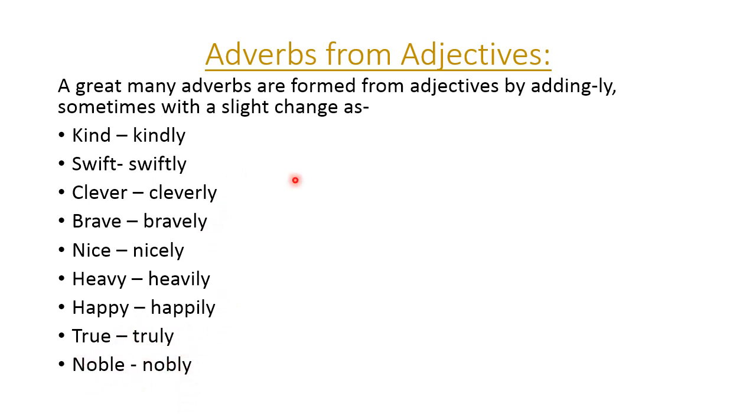So this is how we have done a slight change in the words, because the correct spelling is truly, so we have removed e. Noble, nobly. So a great many adverbs are formed from adjectives by adding ly, sometimes with a slight change. So these are the certain changes. Understood? Shall I move next? Okay.